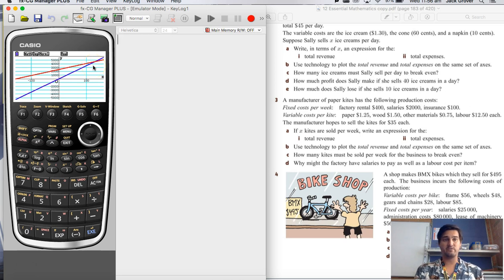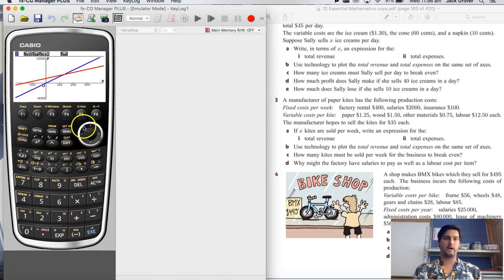Sometimes it doesn't. You might have to muck around with zooming in or out. So if we go zoom and then out, we can center where we want our zoom to be. If we want to move our cursor up more here so we can zoom out a bit further, and then click execute, it'll zoom out for you that way. But really all we're after is seeing that there is an intersect point with those two lines.